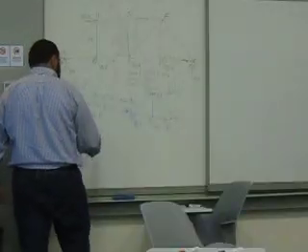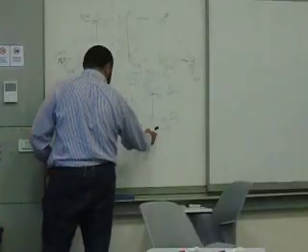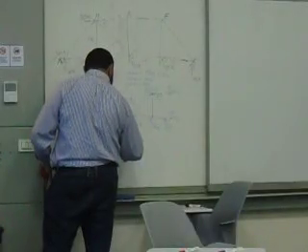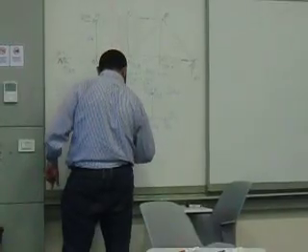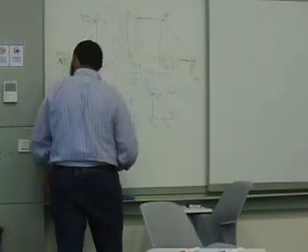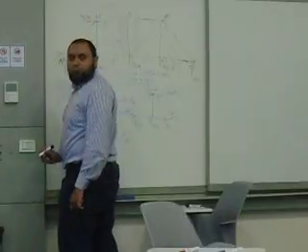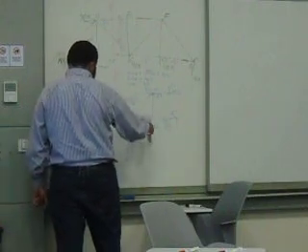Here, 50 minus 40, or this 50 minus that 40, minus the component of FHC, sine or cosine alpha? Sine or cosine alpha? X or vertical? Why?